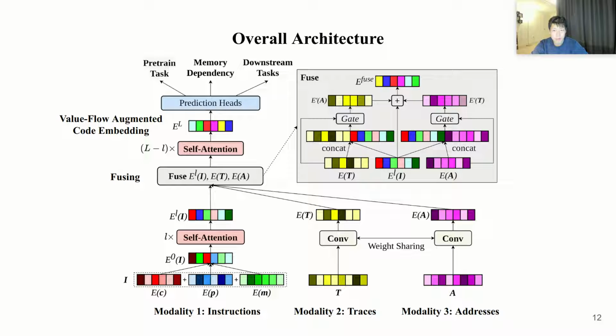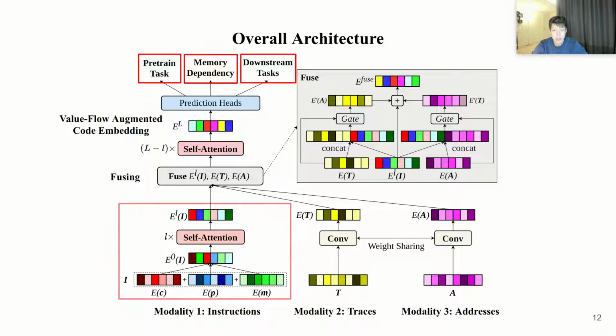We develop a fusing module to learn the interaction between these modalities for the reasoning of value flows, memory dependence prediction, and other downstream reverse engineering tasks which either assist or benefit from memory dependence analysis. In particular, for the instruction modality, after embedding the 3 sequences, we sum their embeddings and let them go through a number of self-attention layers to learn how each instruction token depends on each other.